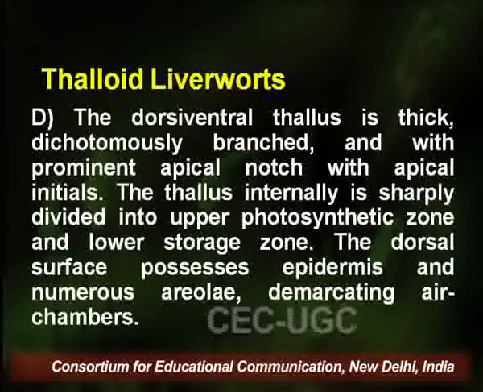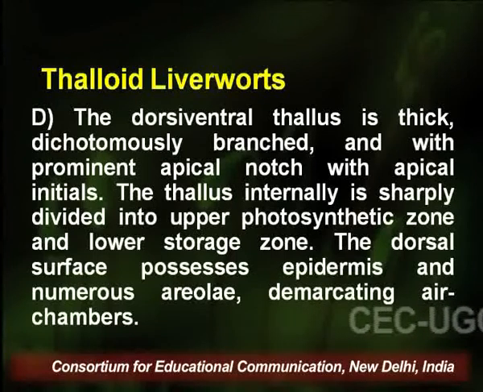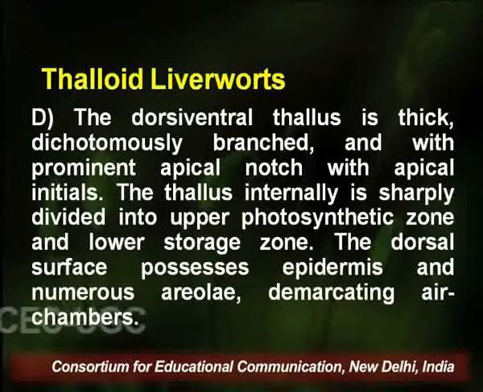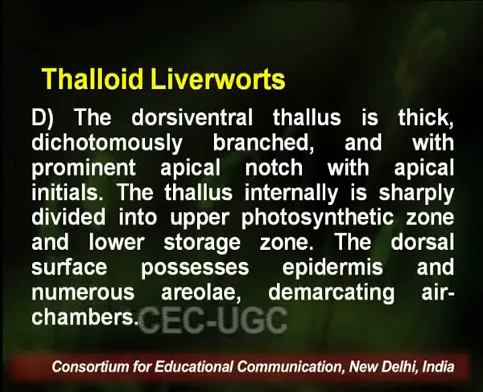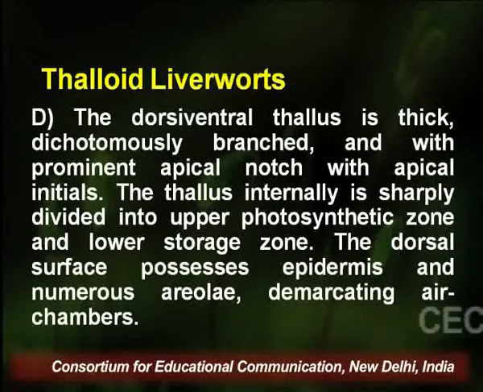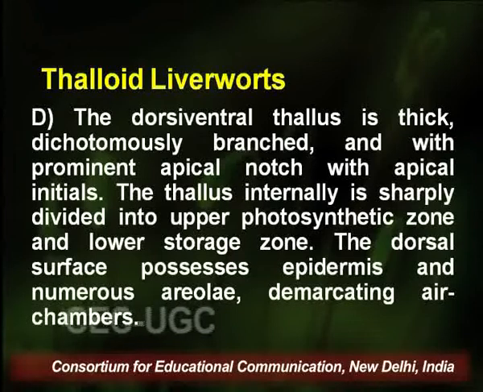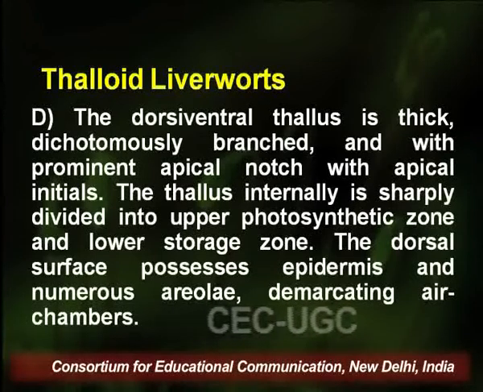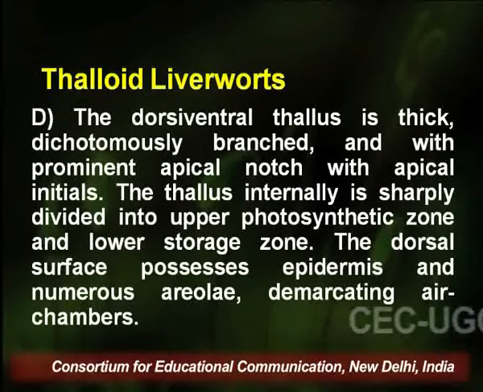The other type of thalloid liverwort is one which is thick, dichotomously branched and with a prominent apical notch with apical initials. The thallus internally is sharply divided into an upper photosynthetic zone and a lower storage zone. The dorsal surface possesses epidermis and numerous areolae demarcating air chambers.